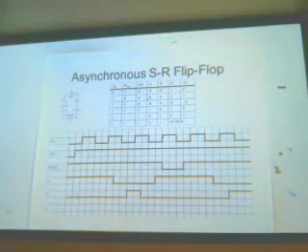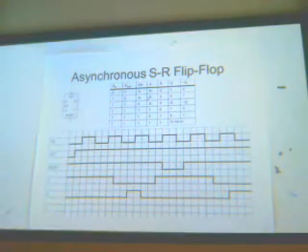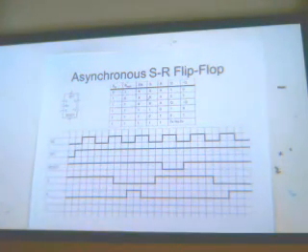Except for what is it about set reset? See this? The bubble? What does the bubble mean? Inverted, right? So set and reset will only come into play when they're inverted. And you see on the truth table, how many times is set inverted?